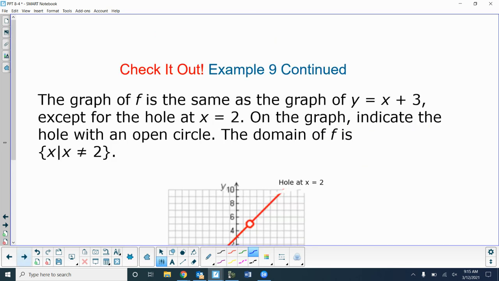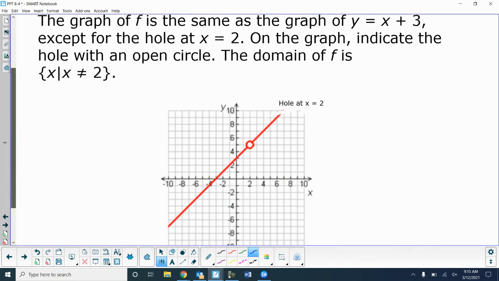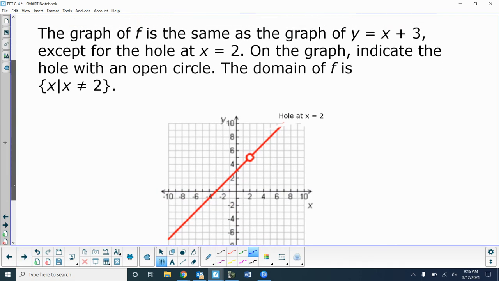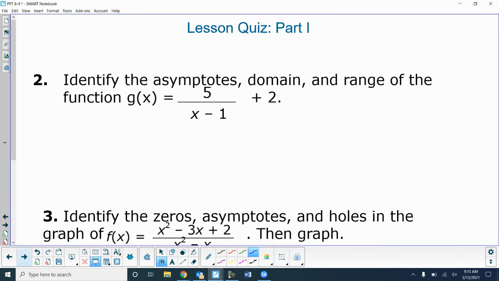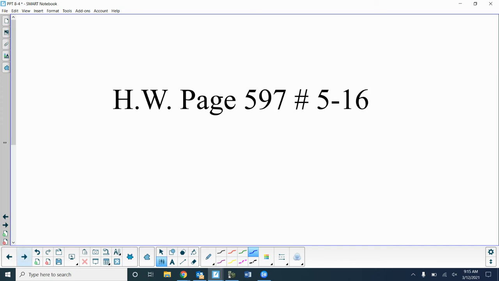So you just draw a hole at it. You know how to graph this: what's the y-intercept? 3. What's the slope? 1 over 1, right? So that's where that line came from. And then right above the 2, you put the circle, the hole. That's all you have to do for those, because you will have a couple hole problems for homework.